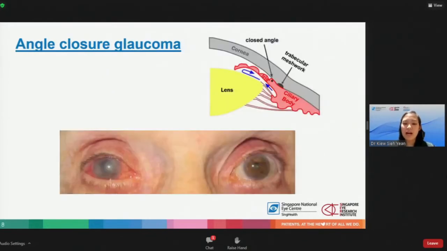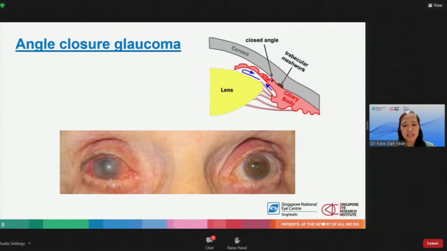This can lead to high eye pressures, either suddenly if the obstruction happens suddenly, or gradually over a number of years. When the eye pressure goes up suddenly, this is accompanied by severe pain, headache and vomiting, red eye and blurring of vision. As in this photo, the right eye is an eye that is undergoing acute angle closure glaucoma.